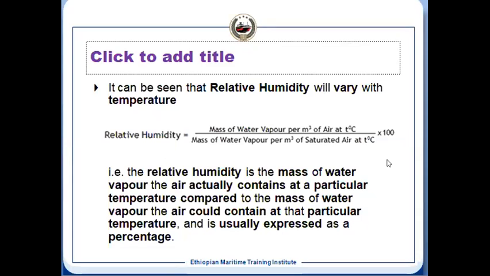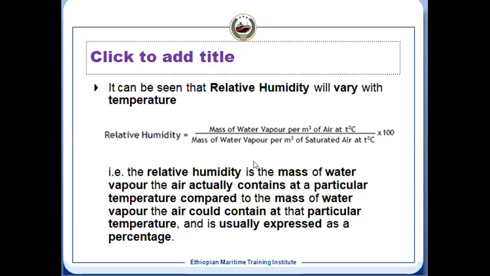Once it becomes 100% relative humidity, if we reduce the temperature further, some of the vapor will get condensed and come out from the air, because air can hold a maximum of this quantity, the mass of water vapor per meter cube of saturated air. It is 100% absorbed.